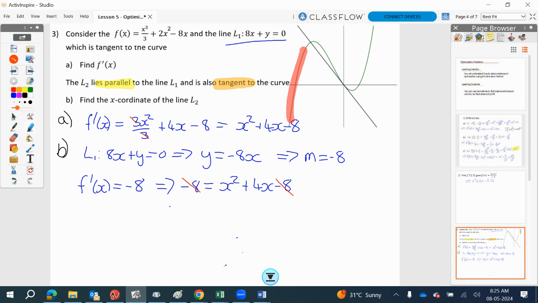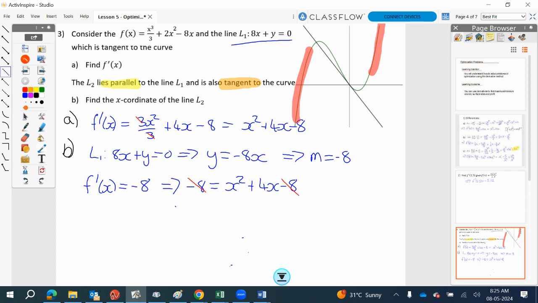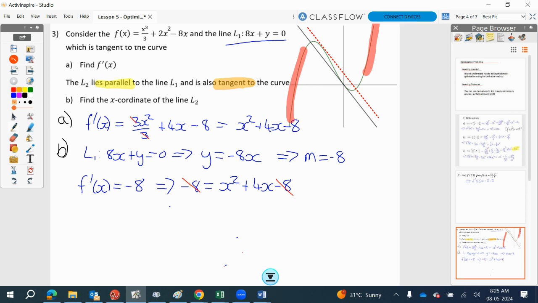It can't do it here either. It's got to be somewhere around about there-ish. So visually, we can see that we can get a line that's parallel that still tangents the curve up there at that point. So our answer has to be about here-ish.